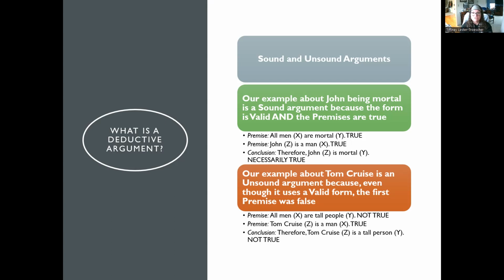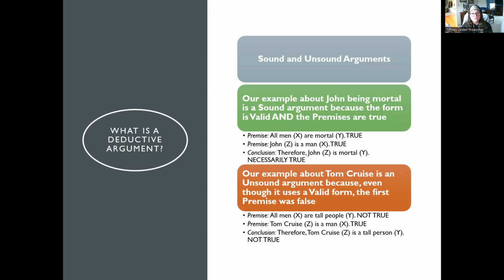And it's a true premise. John is a man. Therefore, John is mortal. That statement must be true. That conclusion, we must accept that conclusion as true because the argument is valid and it is sound. So it follows the correct form and pattern of reasoning, and the premises are true. Sound argument, we must accept that conclusion.